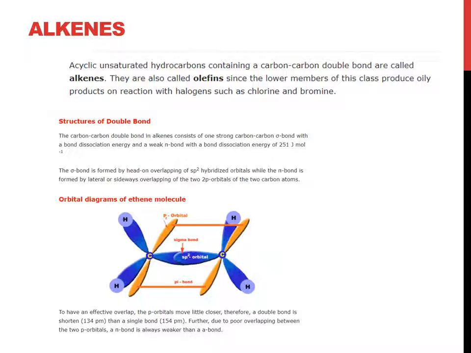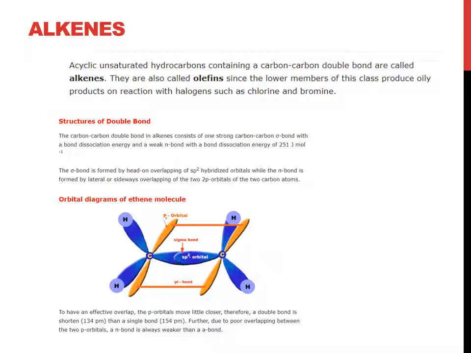Now, structure of the double bond. The carbon-carbon double bond in alkenes consists of one strong carbon-carbon sigma bond with a high bond dissociation energy and a weak pi bond with a bond dissociation energy of 251 kilojoule per mole.